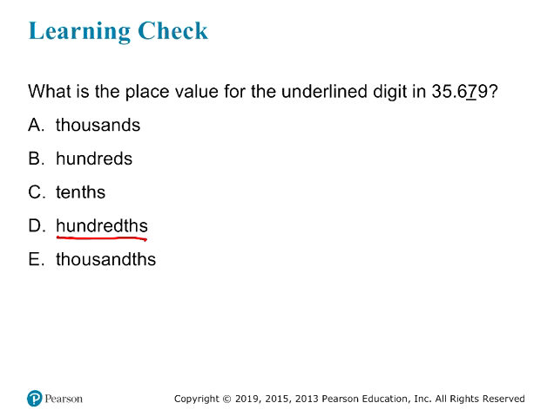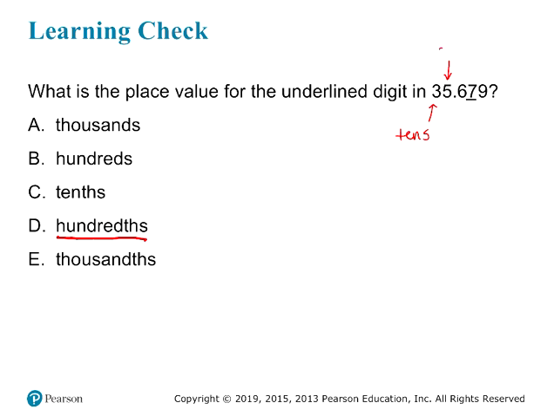All right, so let's go over each of these digits. So the 3 is in which place? That's in the tens place. And then the 5 is in which place?